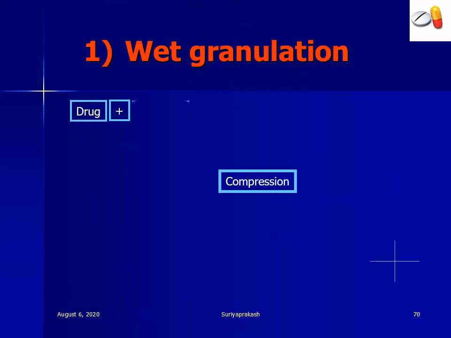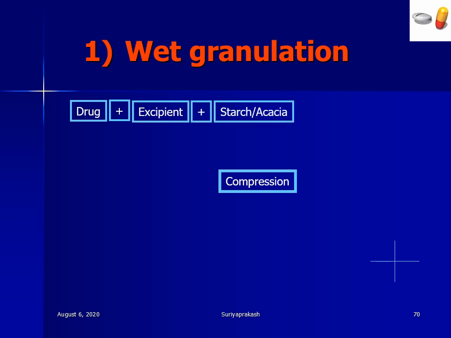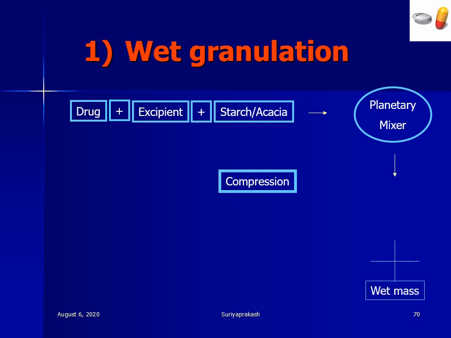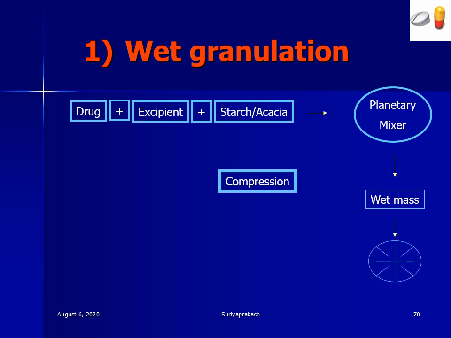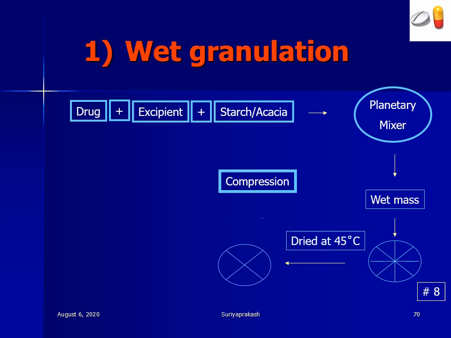Now quickly I will go through. Already you know about this wet granulation procedure. Drug plus excipient plus starch and acacia, the granulating agents, are added into a planetary mixer. You will get the wet mass. This wet mass you pass through sieve number 8, dried at 45 degrees centigrade.